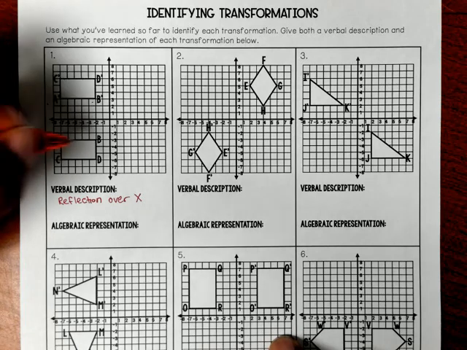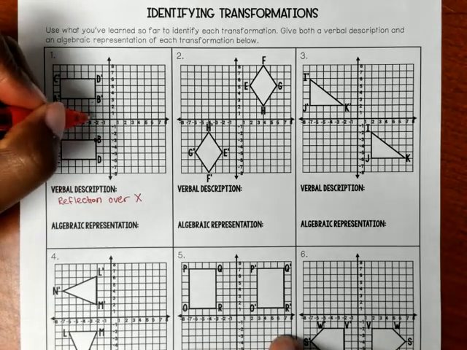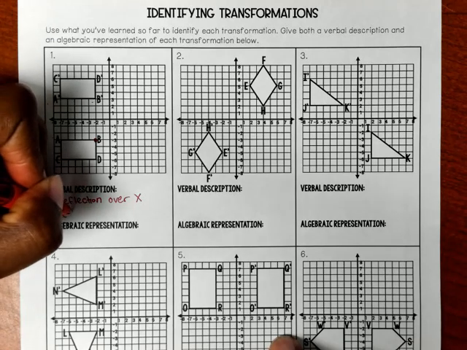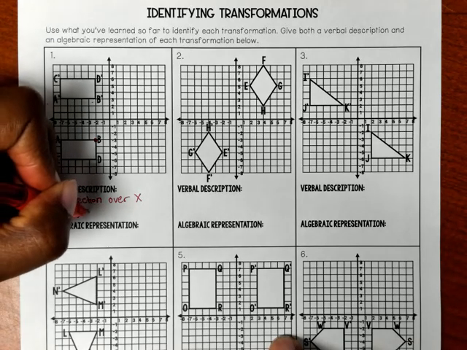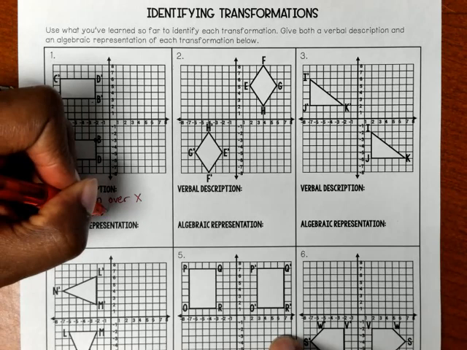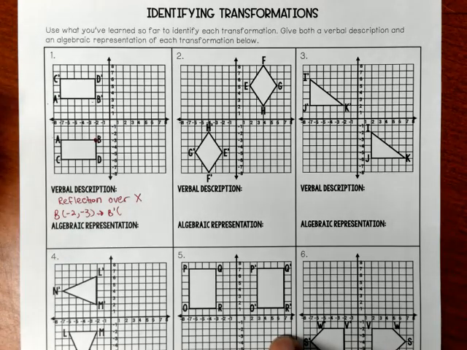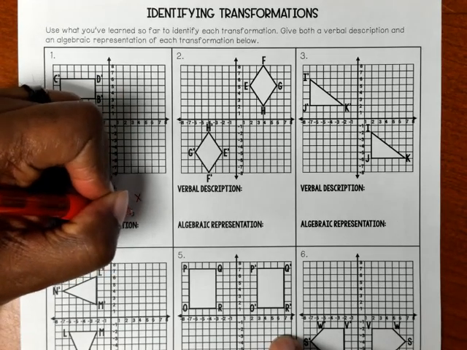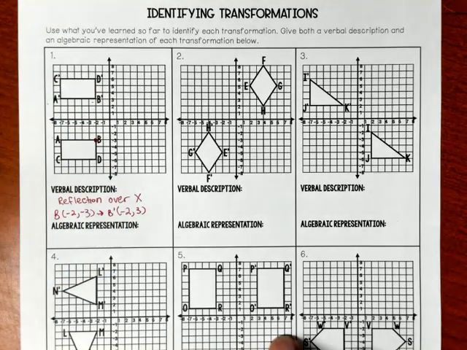I'm going to take B. So my original B is (-2, -3). And that transforms to B prime, which is (-2, 3). And I've already said before that if it's in the name, it stays the same.